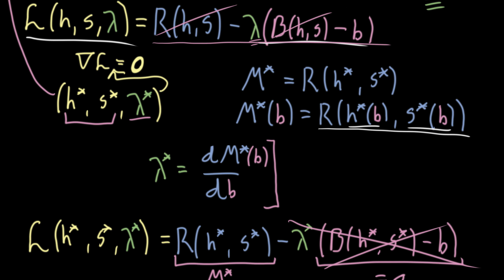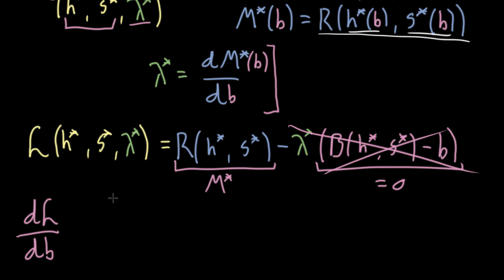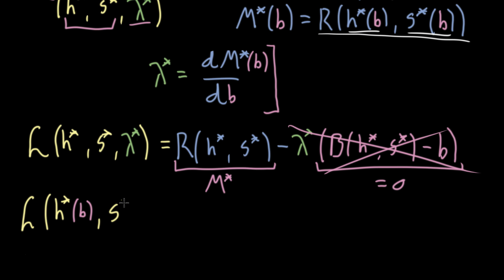So if you really want to consider this to be a function that involves b, the way we should write this Lagrangian is to say you're a function of H star, which itself is dependent on b, and S star, which is also a function of b, right?